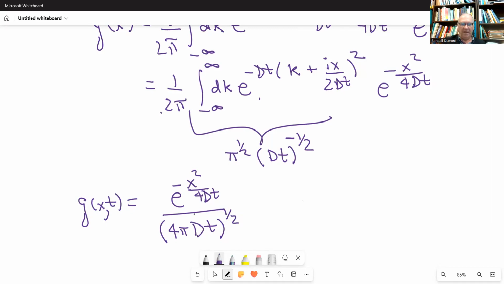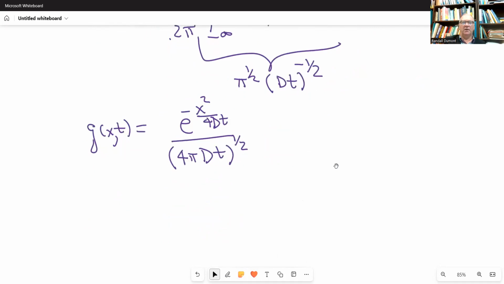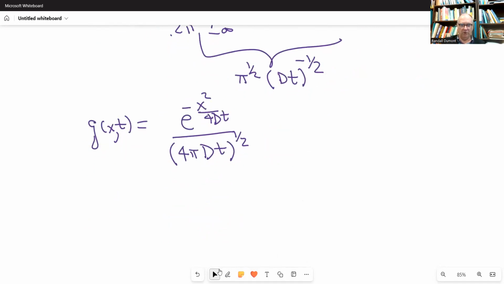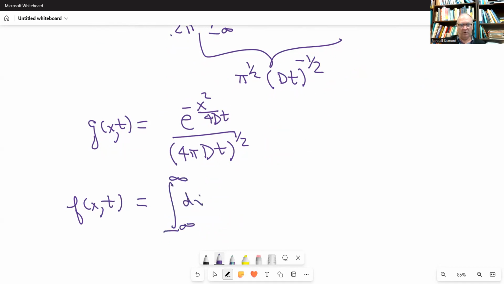Okay, and so we can go back and substitute that into our general expression and get the full solution to the diffusion equation for arbitrary initial conditions. We get our distribution at time t is equal to the integral over x primed.